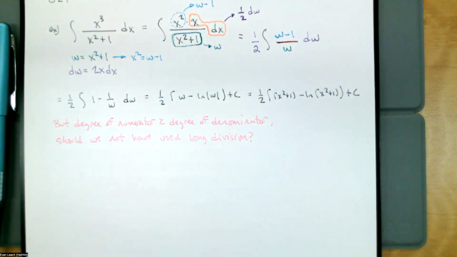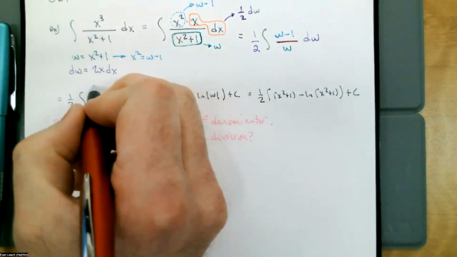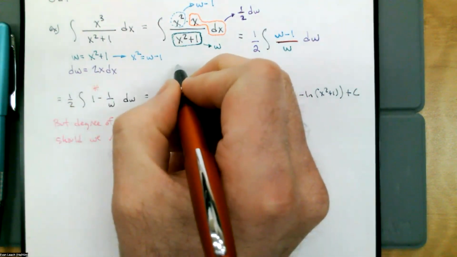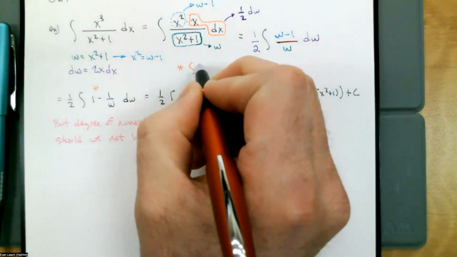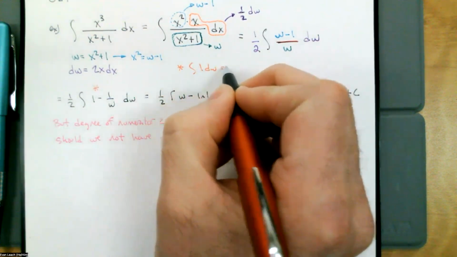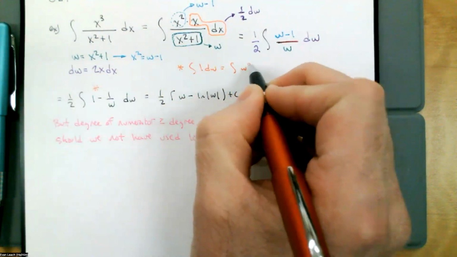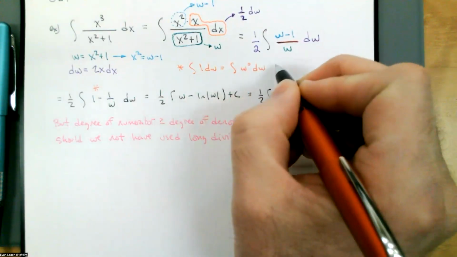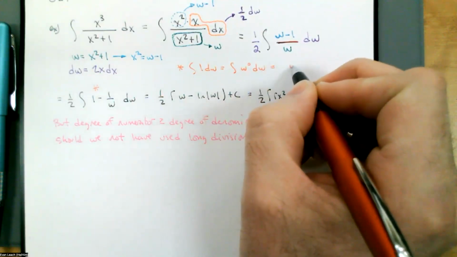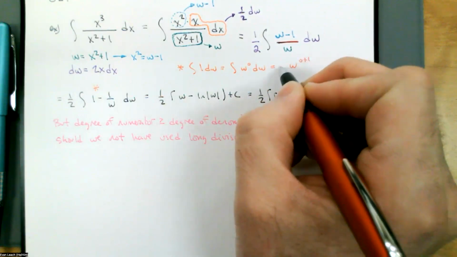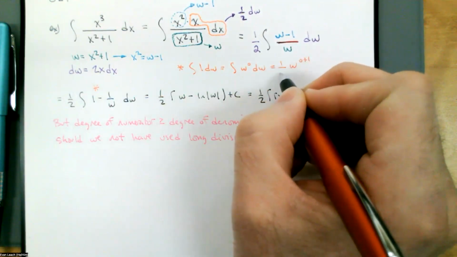We read the 1 as a 1 to the 0 power, then we add 1 to the exponents and divide by the new exponent. So when we see that 1, we're thinking w to the 0 power. And so we add 1 to the exponents and divide by the new exponents.